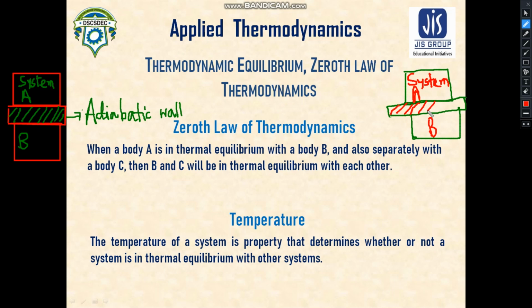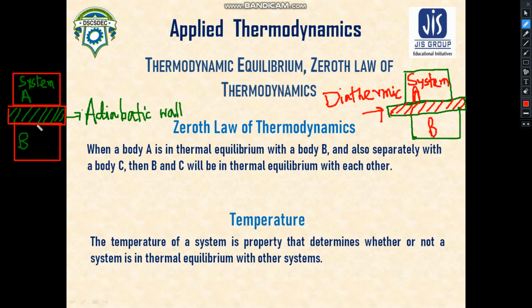Obviously we know metals are good conductors of heat, so this is diathermic. Diathermic means it allows heat transfer from one system to another.